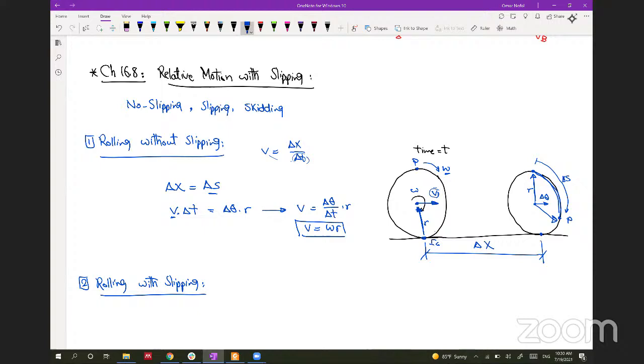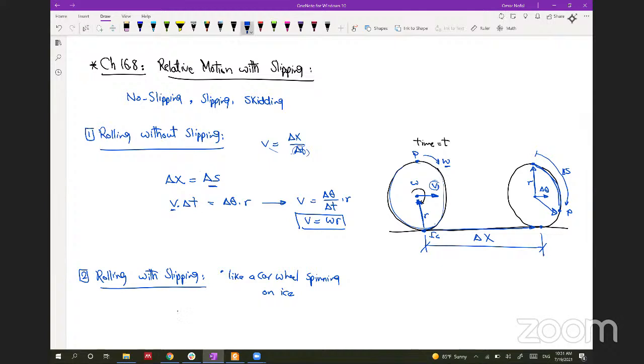So this happens like a car wheel spinning on ice. Spinning means that spinning is faster than translating. Your car is not translating, but it keeps rotating. So this B keeps rotating like this without any motion in the delta x direction.